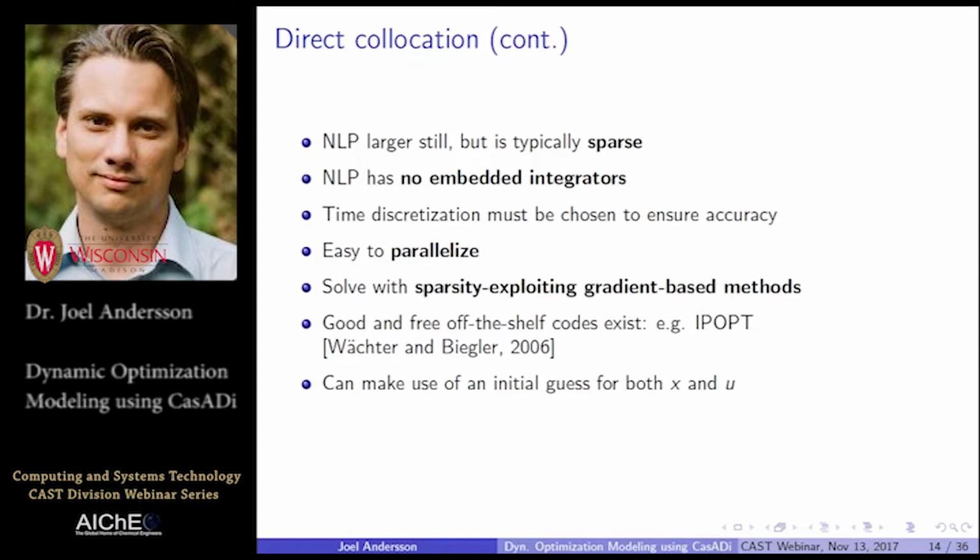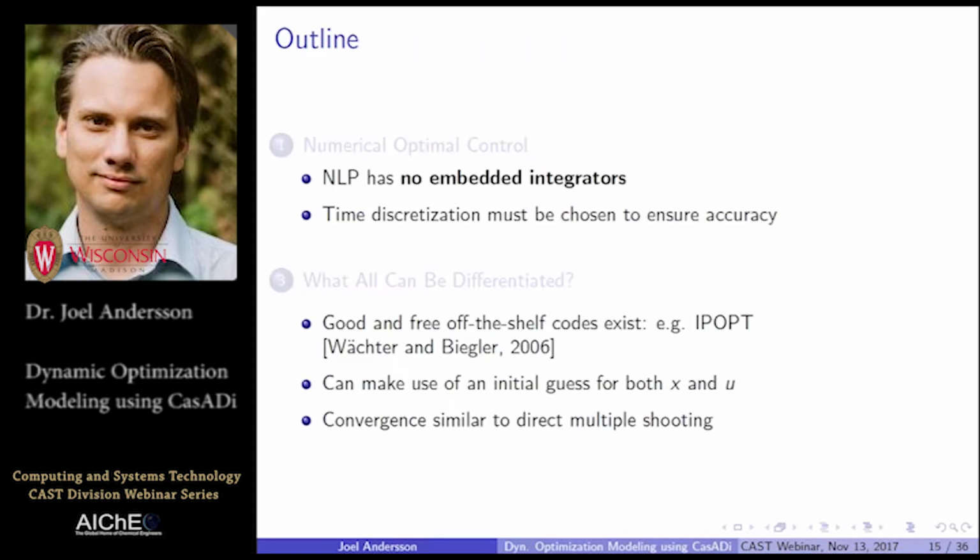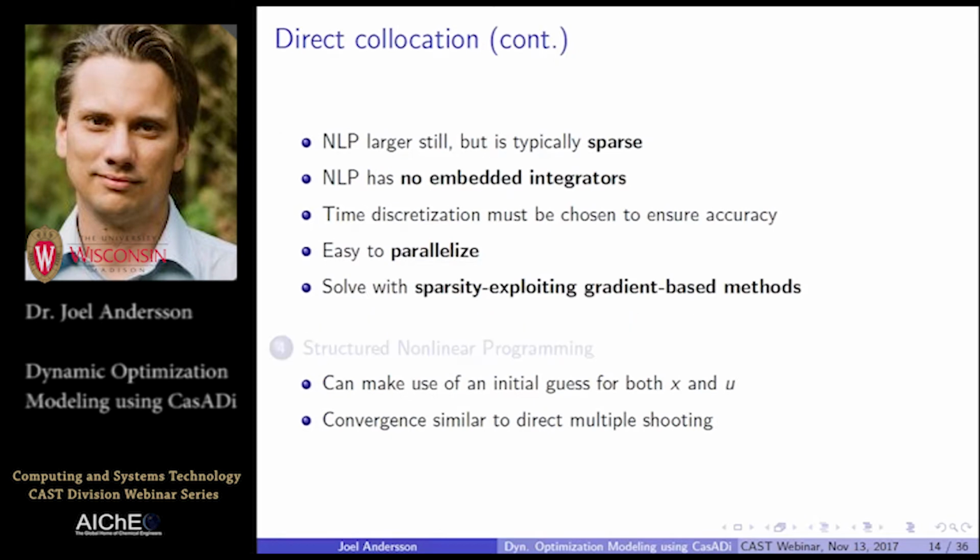And like direct multiple shooting, you can also make use of initial guesses for both your state and U trajectories. Because it's in a high dimension, you also get fast local convergence, similar to what you have in direct multiple shooting. So those are the kind of methods that we want to be able to implement.